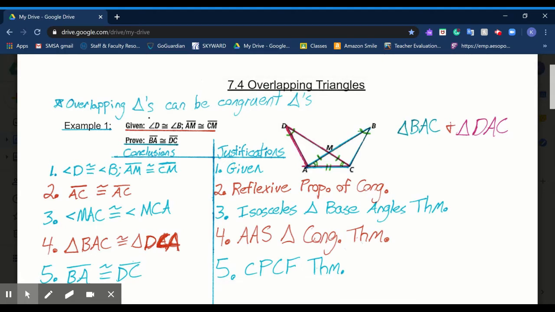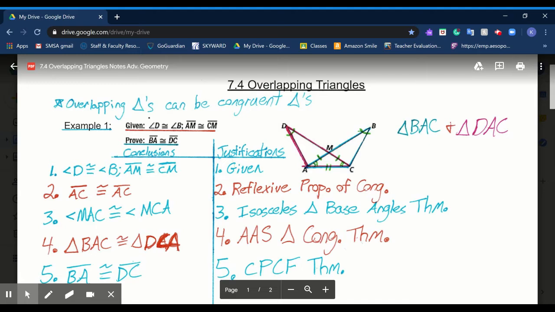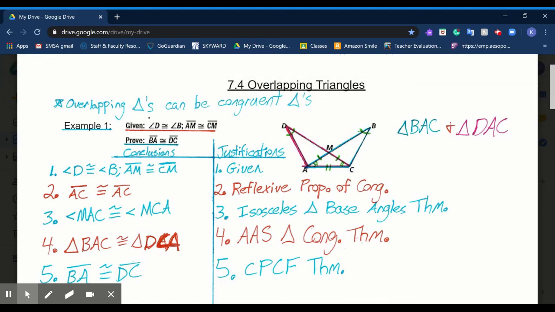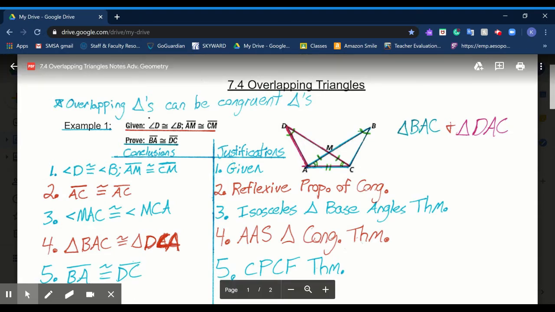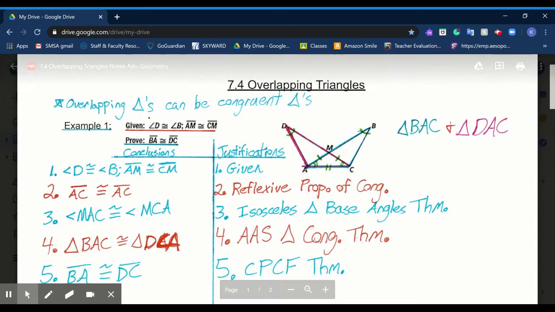And what I know is they already gave me angle D and B are congruent of those larger triangles. So I'm going to try to build from there. So the next thing I notice when looking at those larger triangles is the bottom side AC is shared. So AC is congruent to itself for step 2's conclusion. Justification, the reflexive property of congruence.